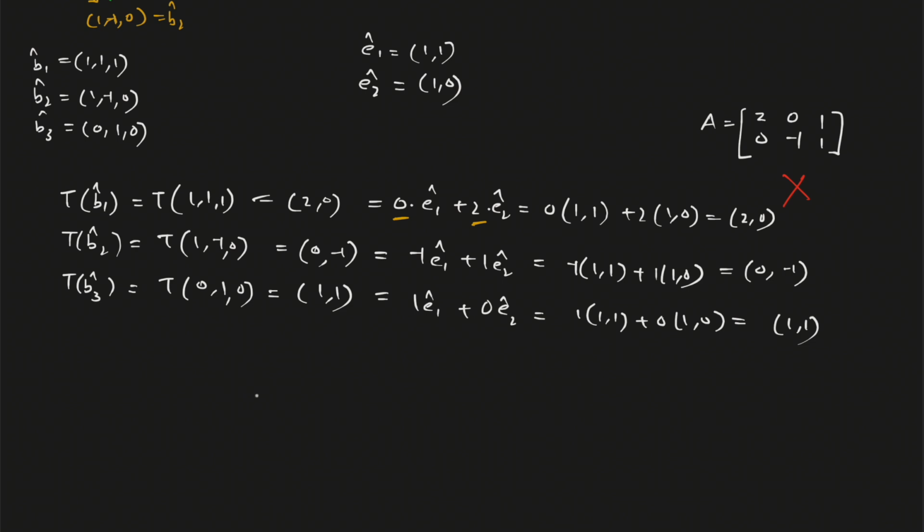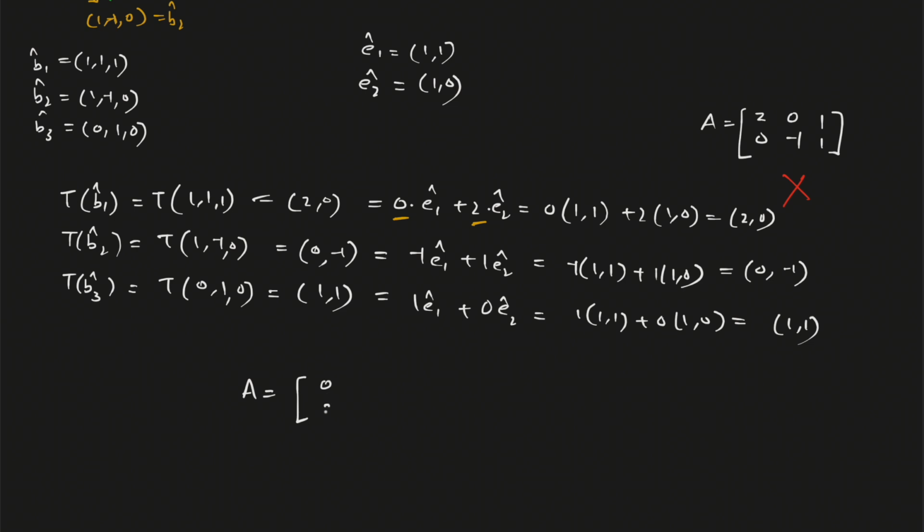So therefore the matrix representation of T, which is A, is this. The first basis vector landed at 2 comma 0, but 2 comma 0 is represented using E1 hat and E2 hat as 0 2, that is 0 times the first basis vector and 2 times the second basis vector.